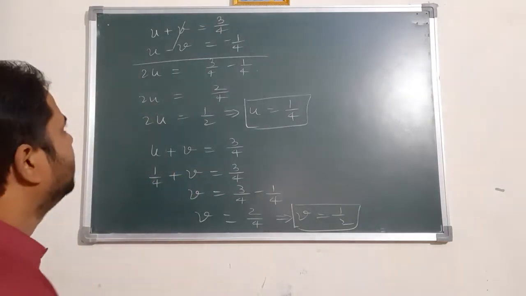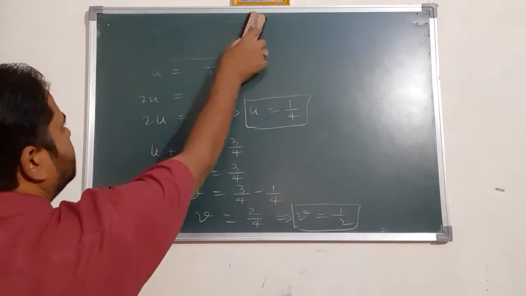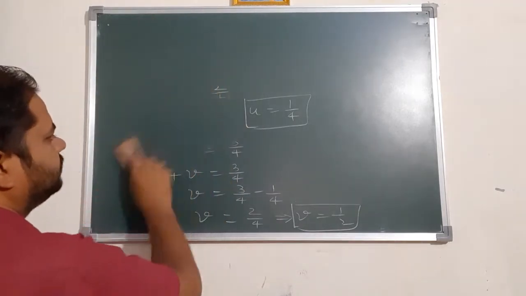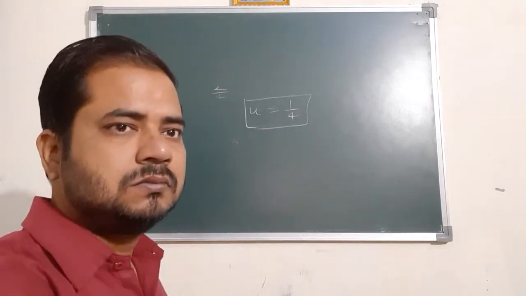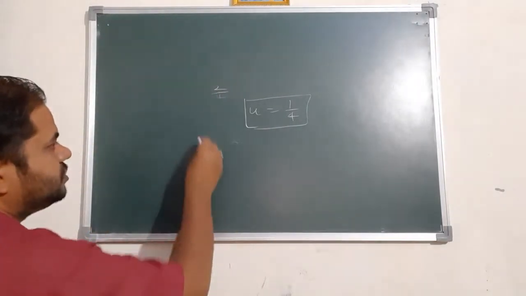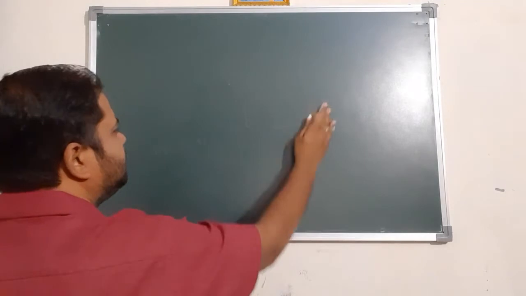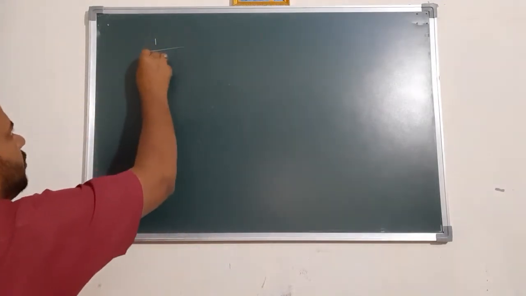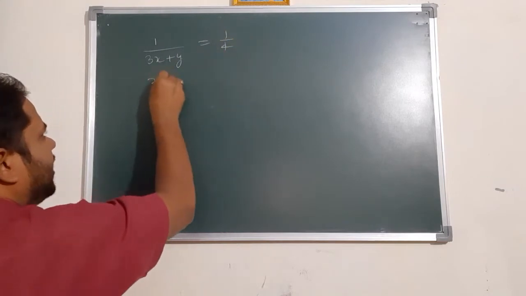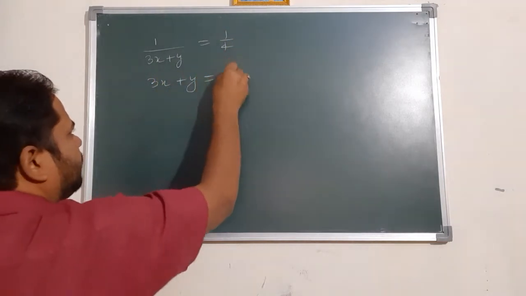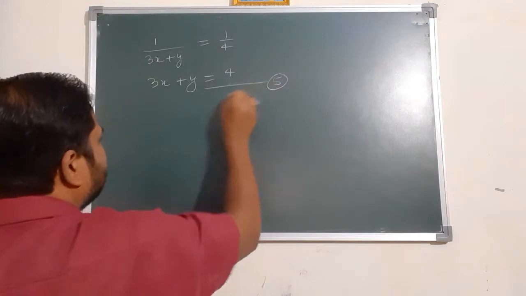Now u is 1 by 4 and v is 1 by 2. So u is 1 upon 3x plus y, this is 1 upon 4. So 3x plus y is 4, equation number 5.